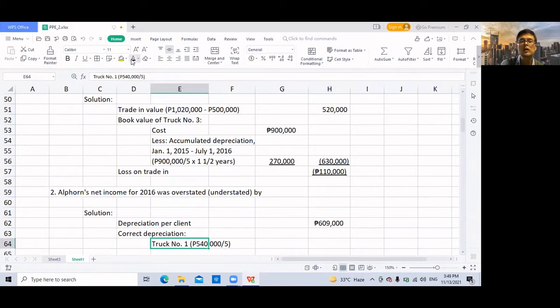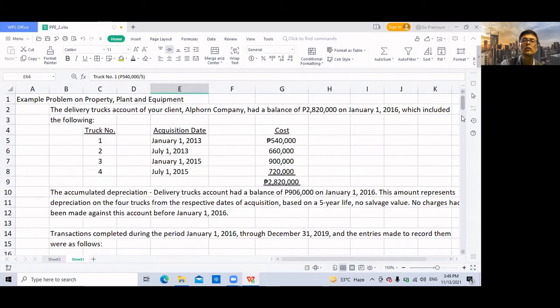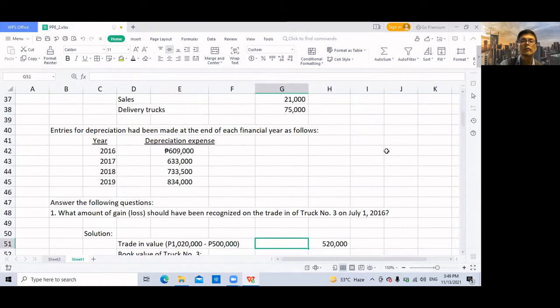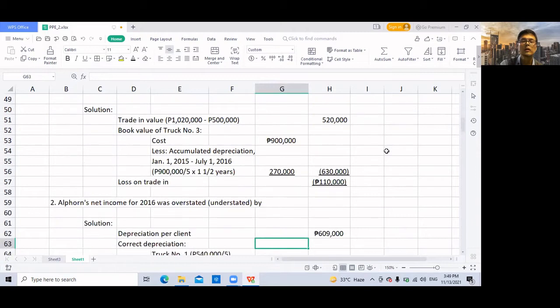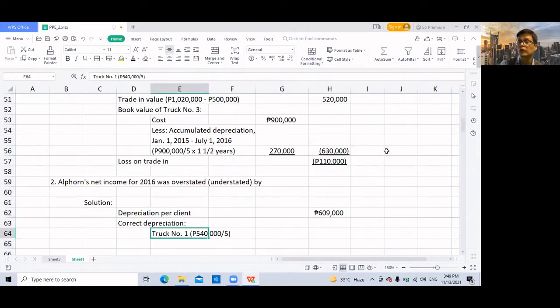Truck number 1 is 540,000, the purchase price, divided by 5 years. So the annual depreciation is 108,000.